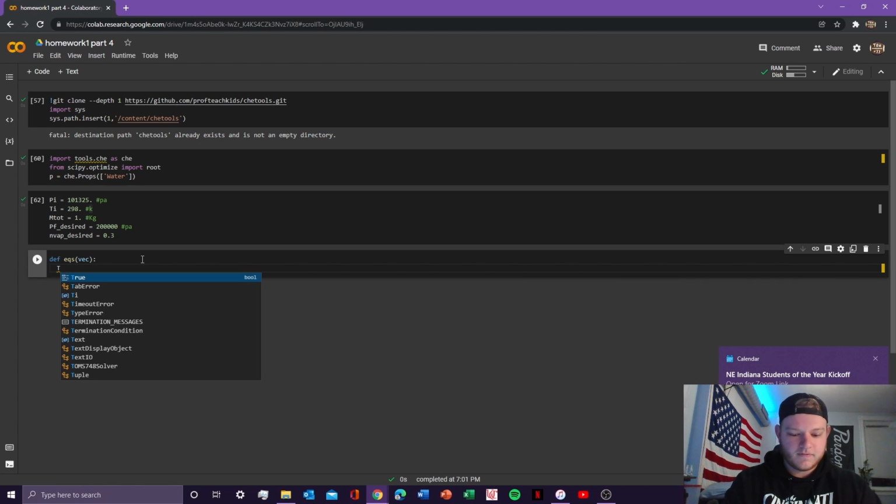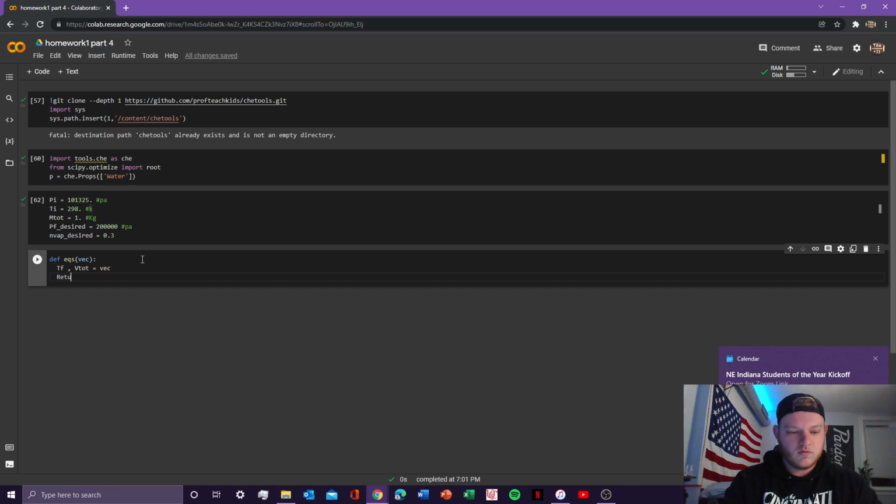So, T final, and volume total equals vec. That's not capitalized. Vec. And then, like I laid out earlier, we need to return those two equations equal to 0.